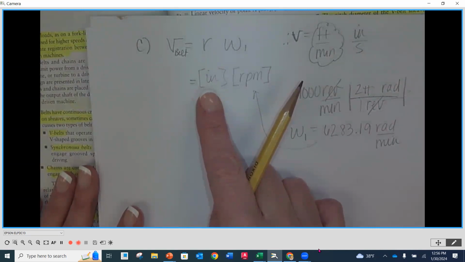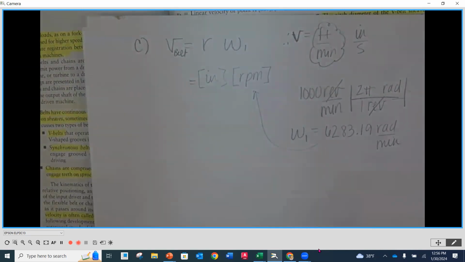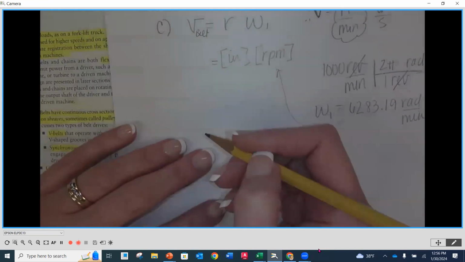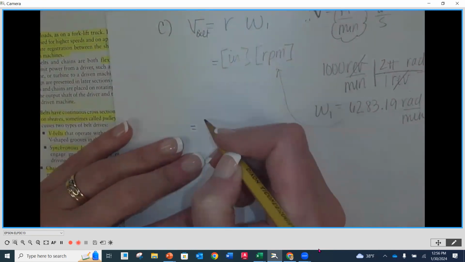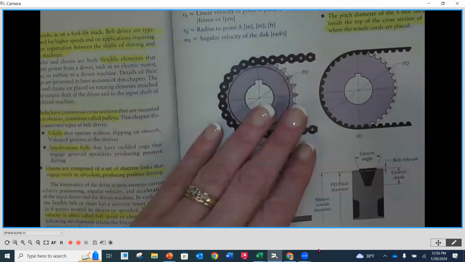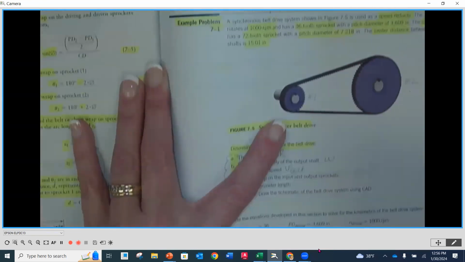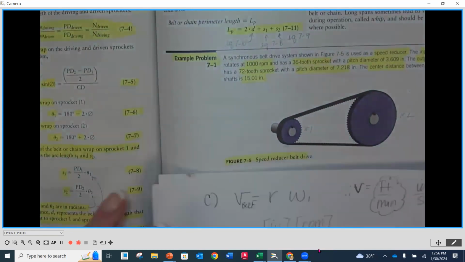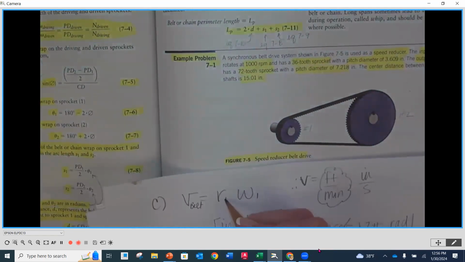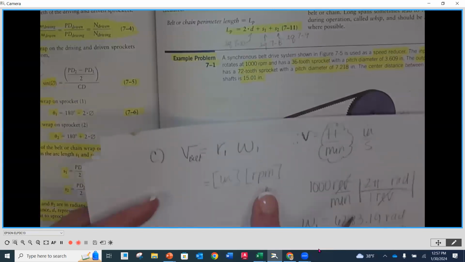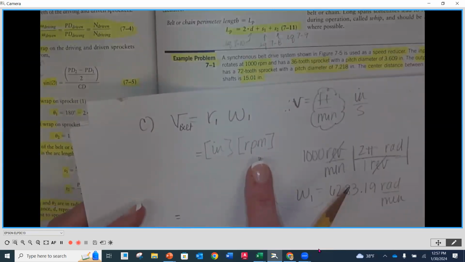Our radius is going to be in inches because right now our pitch diameter is given to us in inches, right? So in the problem, I'm going to show you how you can do that conversion. That one's kind of easy. You don't have to do it separately. So we are going to put our radius in here first. We're doing it for the W1 because that's the rotational speed that we took, the 1,000 RPMs.